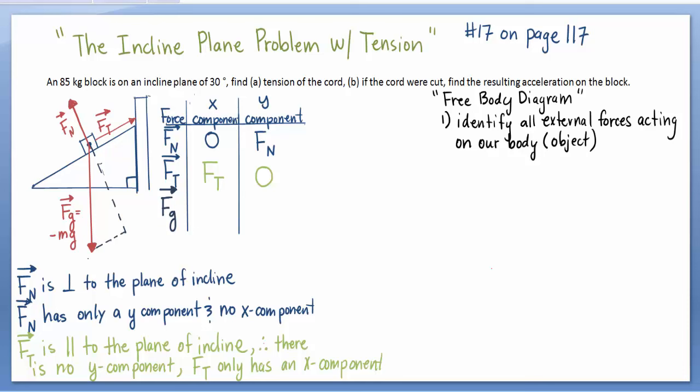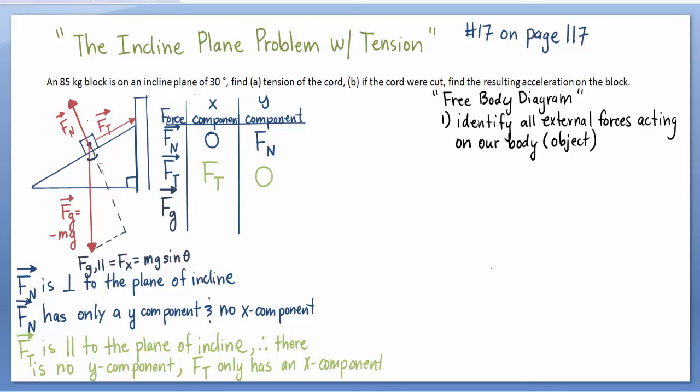So I normally like to write Fg parallel is equal to Fx, and that is equal to mg sine theta, since the x is opposite our angle.